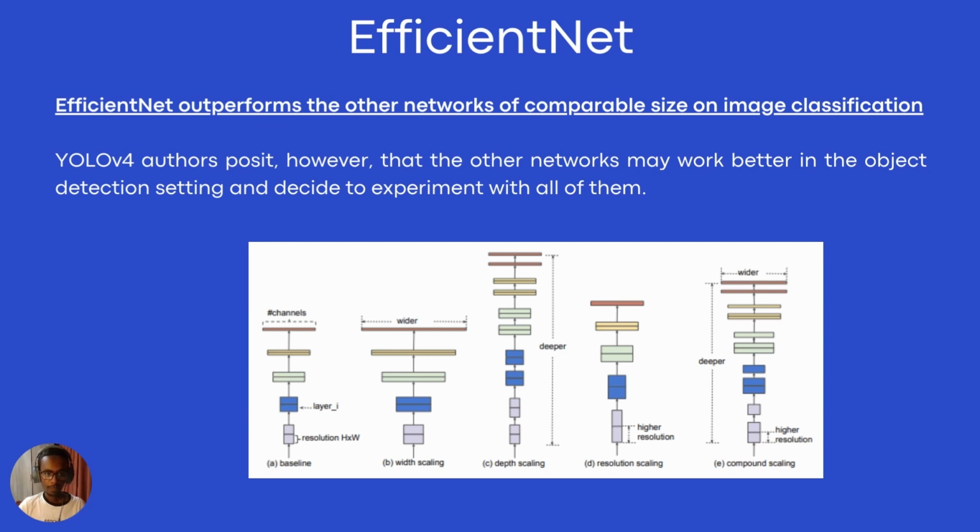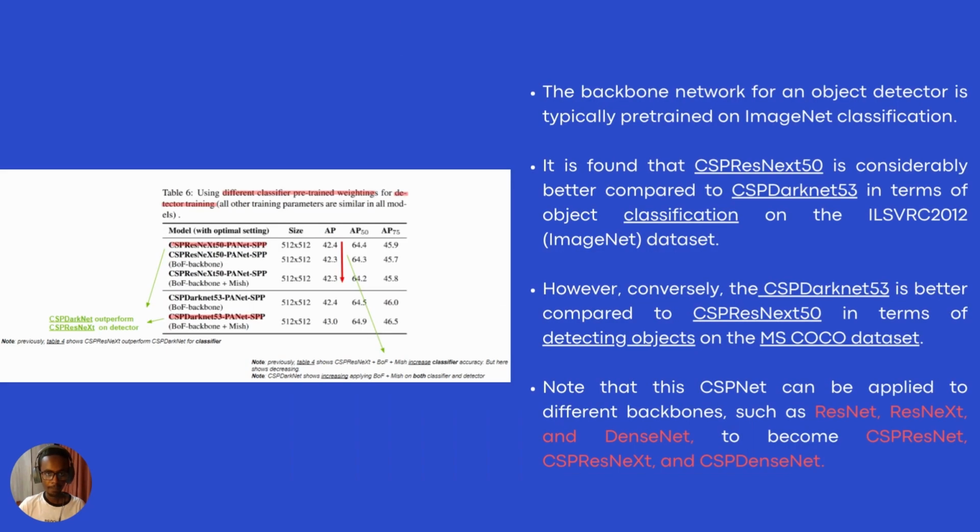But EfficientNet has the highest accuracy in terms of image classification. So after they experimented with the three types of networks, the authors of YOLOv4 just wanted to focus on the CSPNet because they thought it could be better for the object detection task.